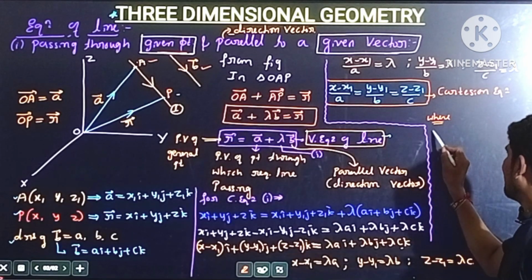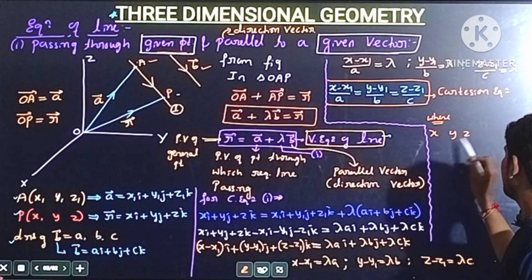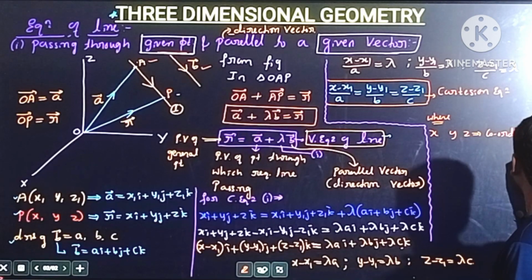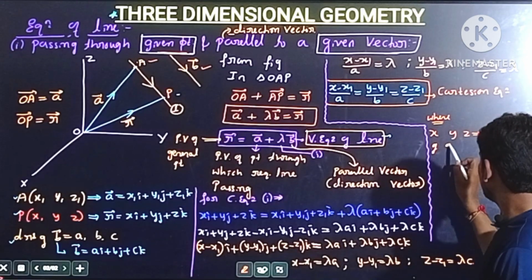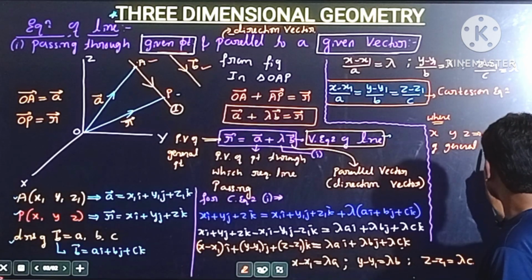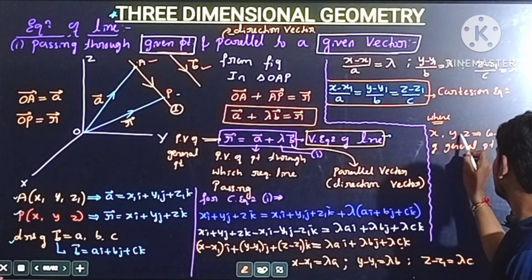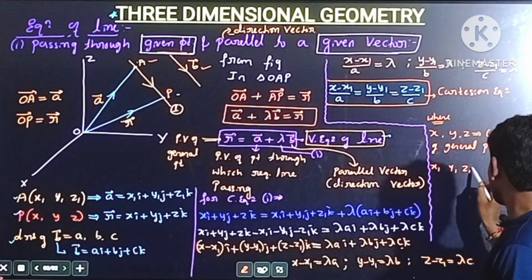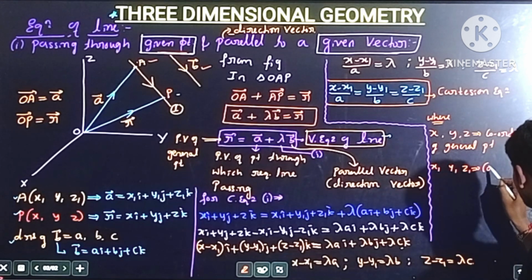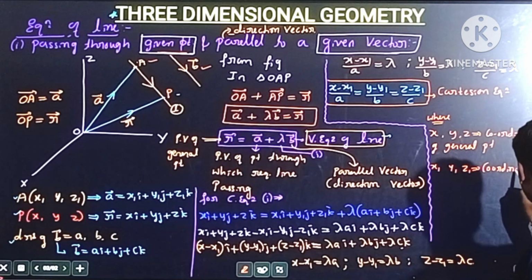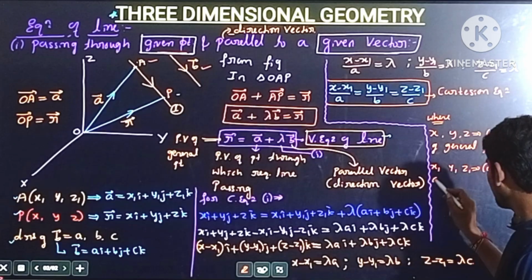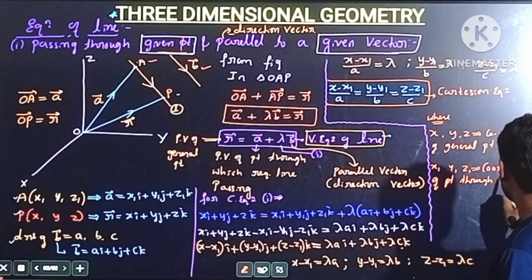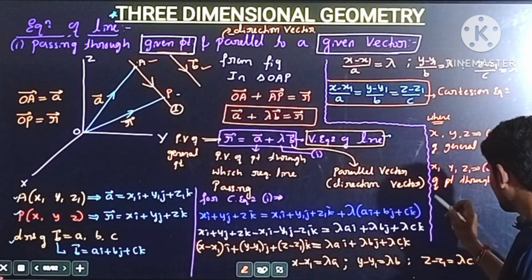Where what is x, y, and z? x, y, z are coordinates of what? Of a general point on the line. And x1, y1, z1 are what? Coordinates of the point through which the required line is passing.